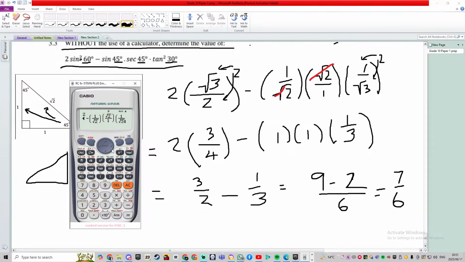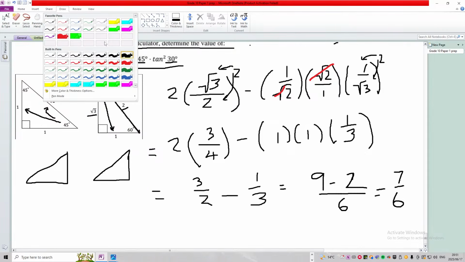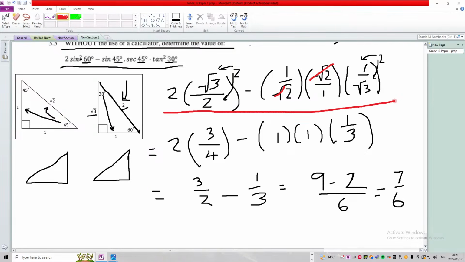I don't even know if you can do this in a calculator. Not that you can't, but are you going to make mistakes pressing all the fractions? Okay, there's our answer, 7 over 6. If you just went from the step here to the final answer, 1 out of 4 marks. 1 out of 4 marks.